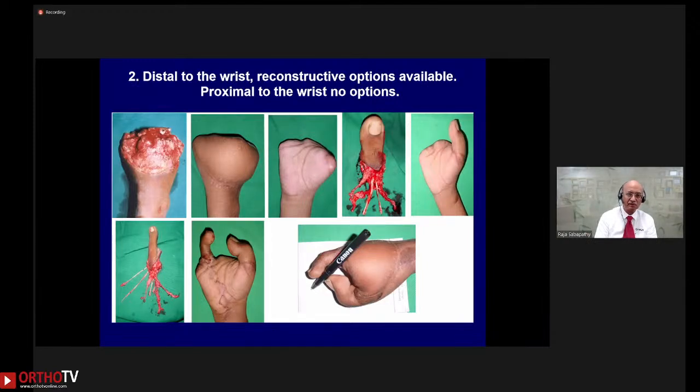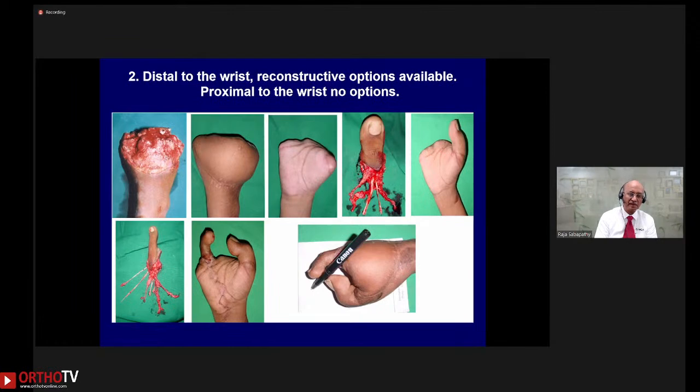Proximal to the wrist, you are going to have groin flap, multiple toe transfers, and you can rehabilitate a patient. But if you have an elbow or arm amputation, you don't have any other reconstructive technique other than a transplant. And most of the time they happen in a single limb, and we don't do a transplant for a single limb now.